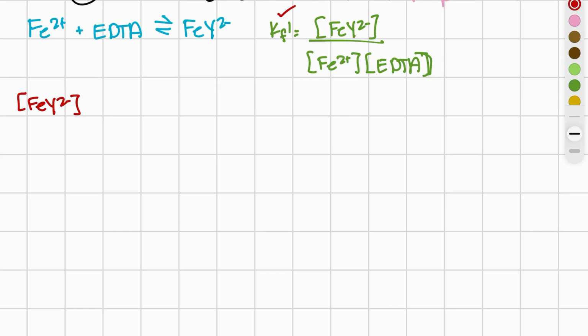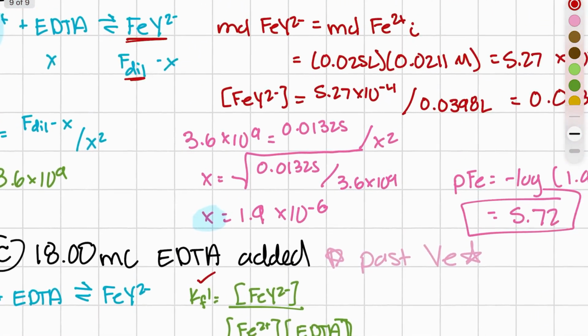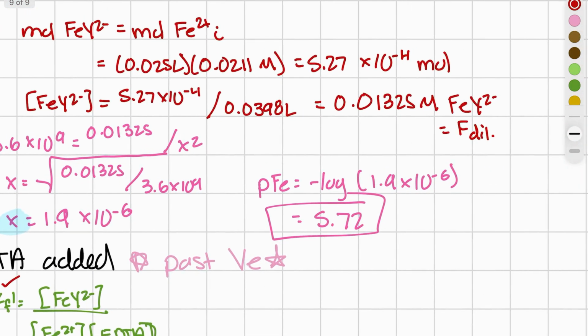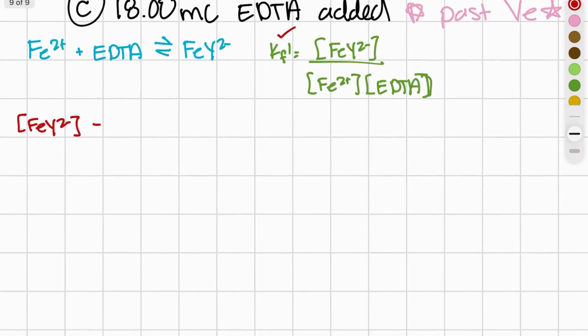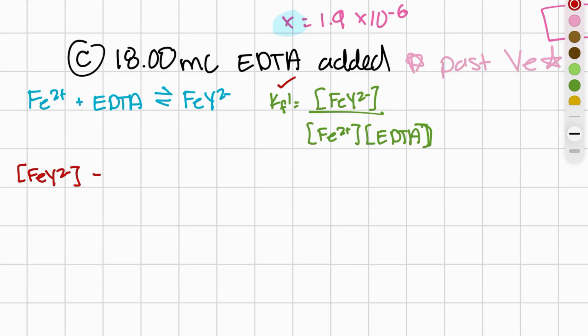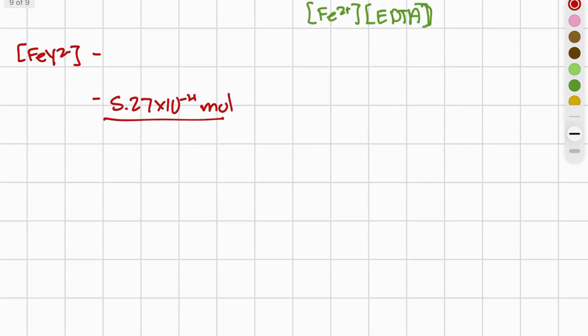So we're going to take the moles of FeY2-, which we had found earlier. It's right here, this 5.27 times 10 to the negative 4. This is the moles, and we just need to divide this by our new total volume.